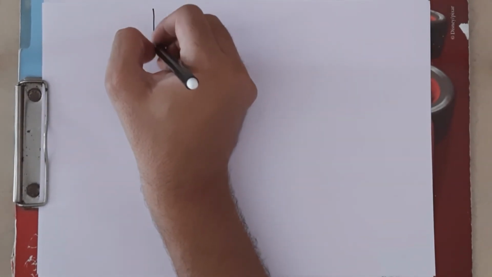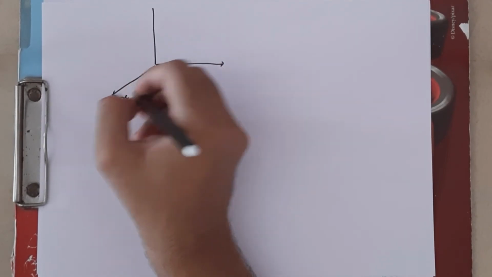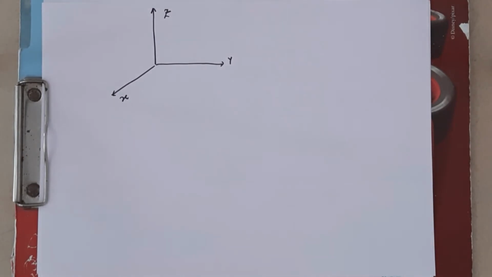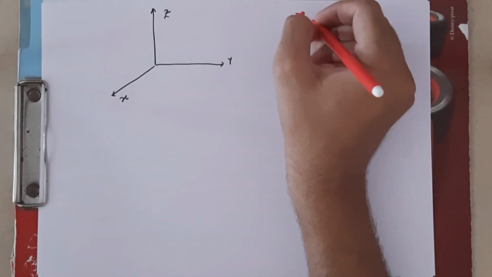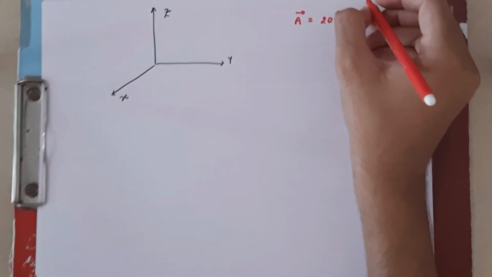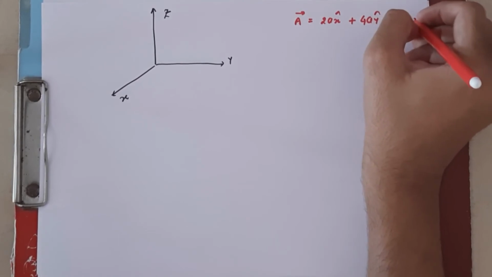As you know, what do we mean by Ax, Ay and Az? Again, how to draw 3 axes, X, Y and Z. It is the Cartesian coordinate system. Suppose I write one vector, vector A equals 2ax plus 4ay plus 3az.